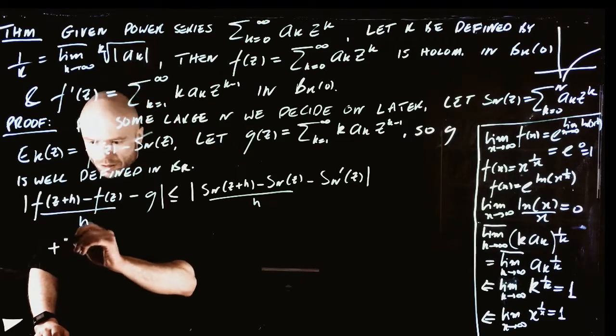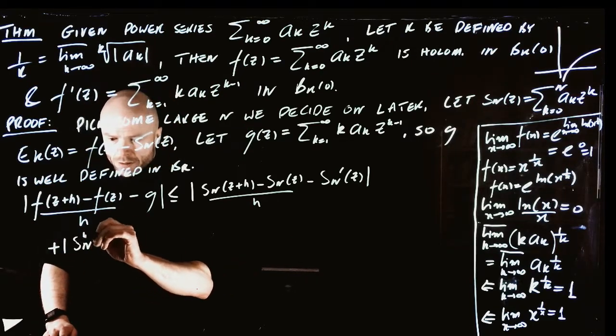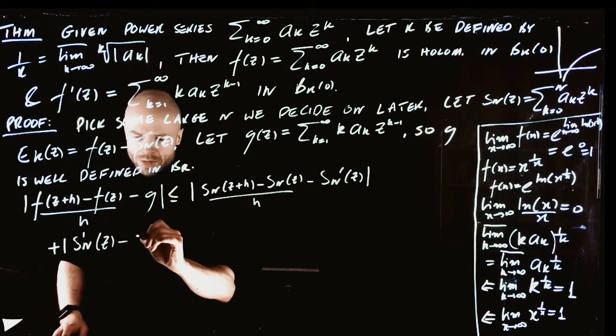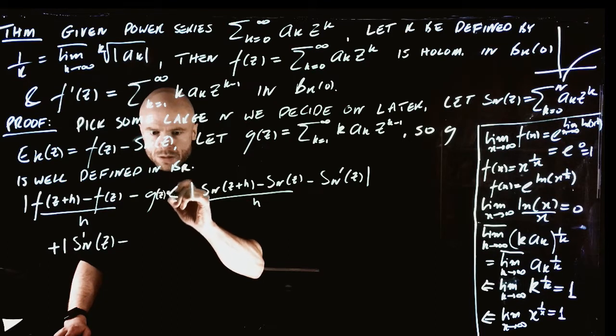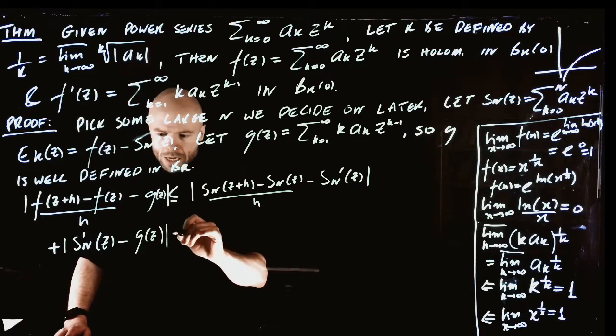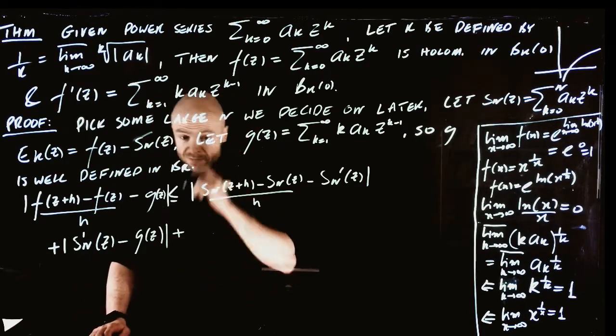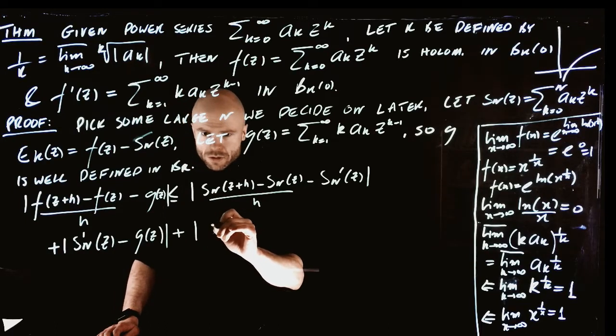Then the next term is Sn prime of z minus g of z. We want to show that this thing is small. And finally, we want to show that this last thing is small.